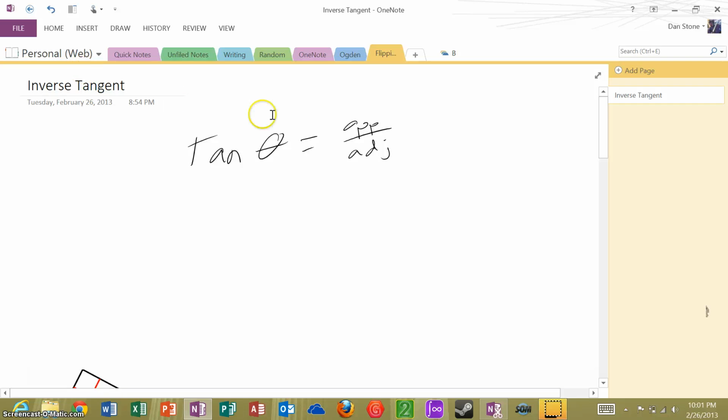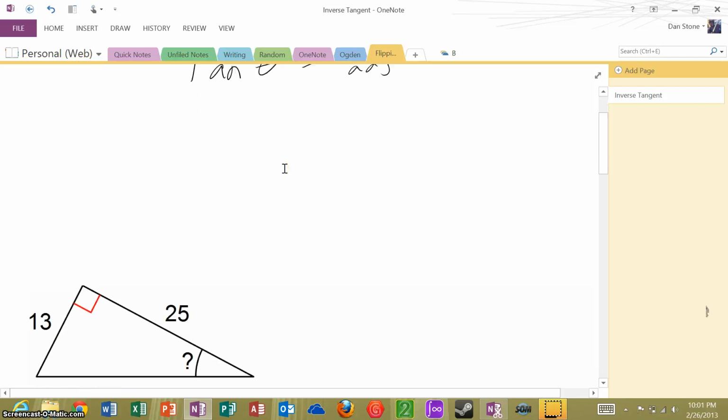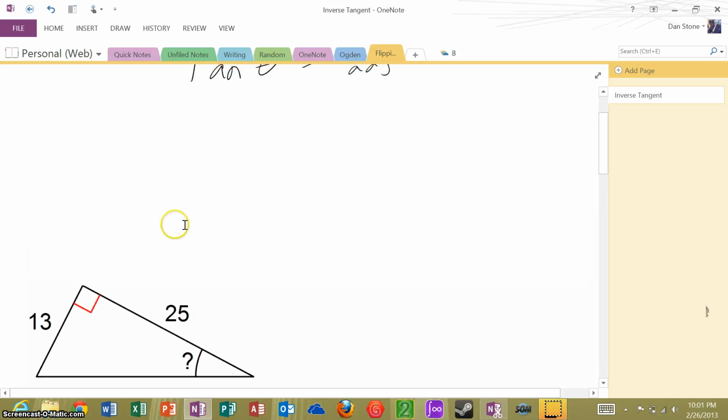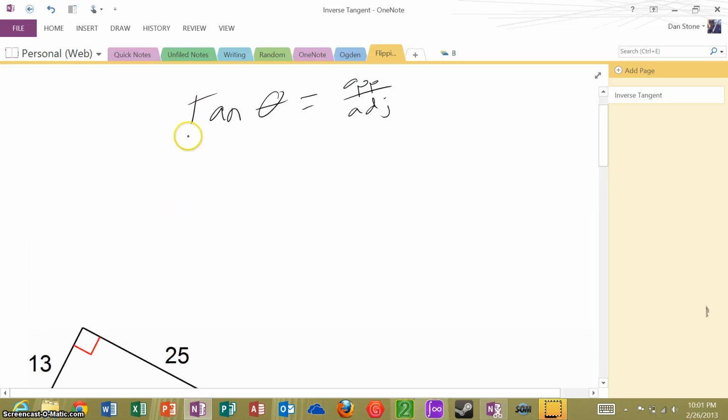Let's say we've got something like this. We want to find out what this missing angle is here. We want to figure out what the measure of it is. We've got two sides, and by using the inverse tangent, we're going to be able to strip away this part, so we are just left with the theta.